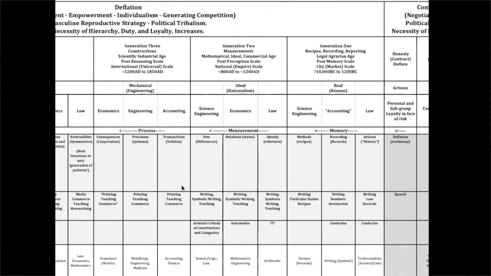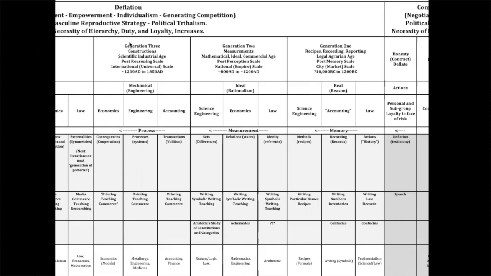So from communication, we go to generation 1, which is recipes, recording, reporting, the agrarian age. Then we go to law, accounting, and some sort of engineering. Generation 2, we got mathematics, the ideals, the commercial age, and that led up to the age of idealism.